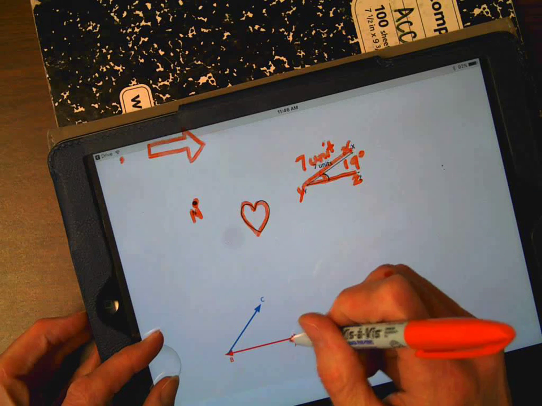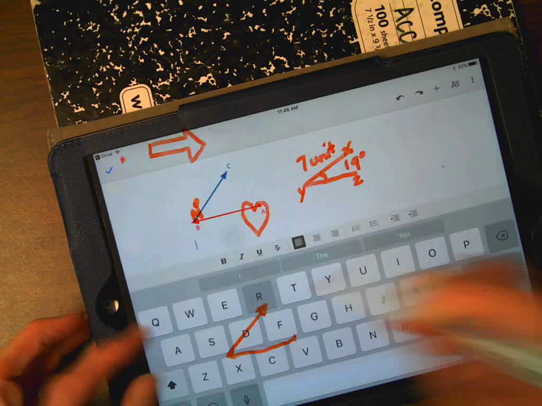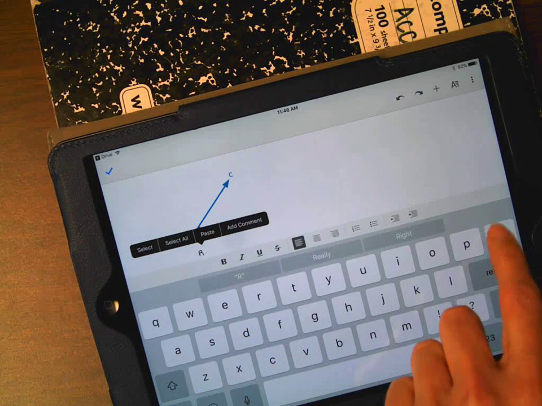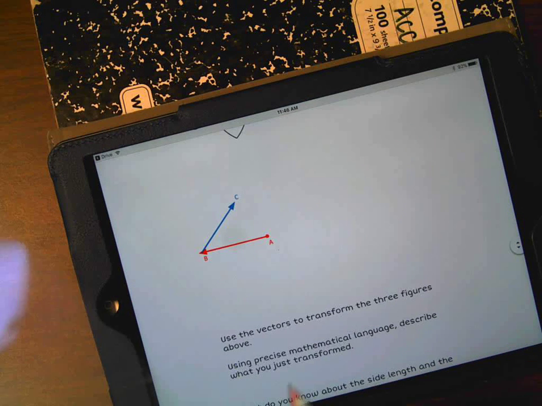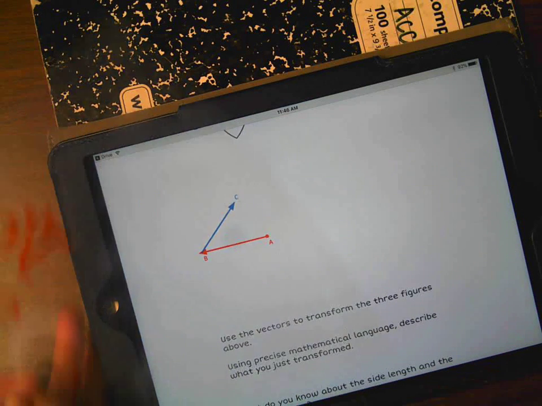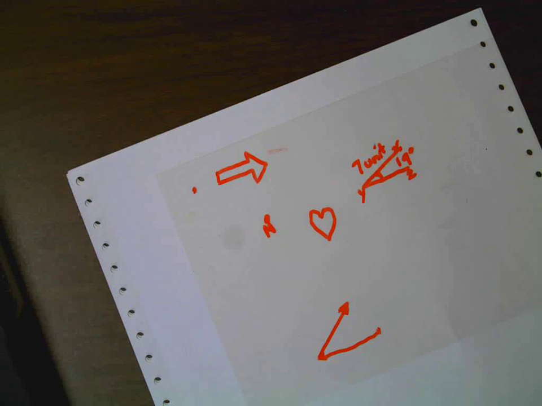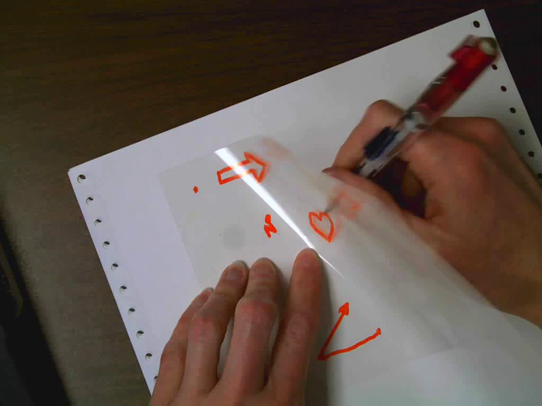All right, so I have a vector that goes from here to here, and a vector that goes from here to here. Okay, so here's what we have, and it says use the vectors to transform the three figures above. Okay, so I'm going to put this on a piece of paper, because this is where it was before. Let me put a before image underneath it so that we have a starting spot.